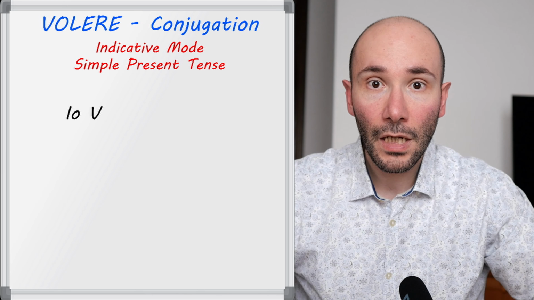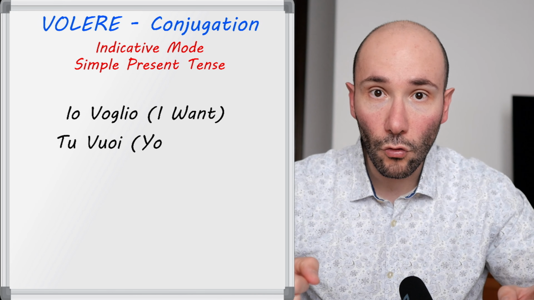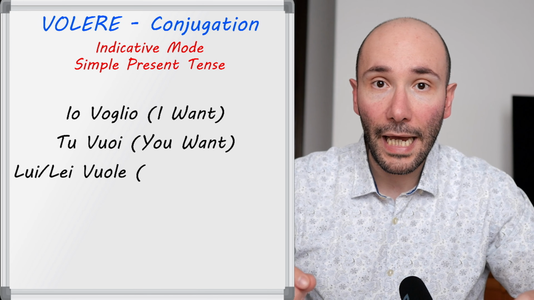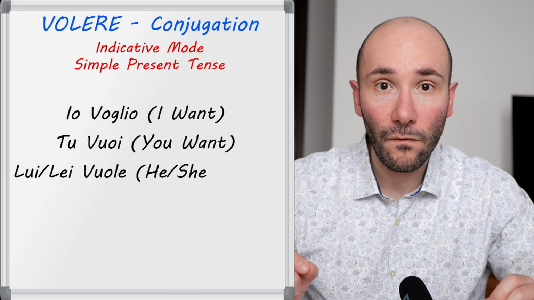I'm gonna drop the three main conjugations: indicative mode, simple present, simple past, and simple future. So, for simple present, the conjugation pattern is the following: io voglio, tu vuoi, lui, lei vuole, noi vogliamo, voi volete, loro vogliono.